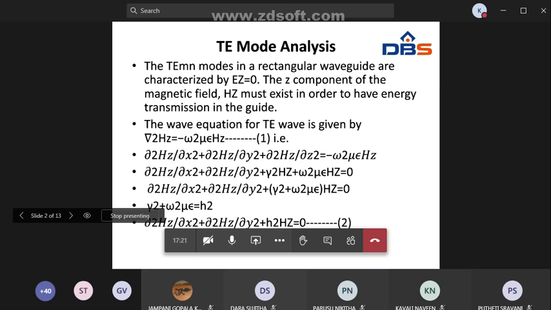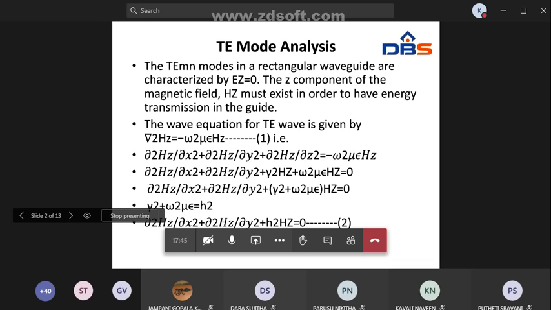Here in the TE mode, Ez equal to 0. The Z component of the magnetic field, Hz, must exist in order to have energy transmission in the guide. So here Hz not equal to 0.